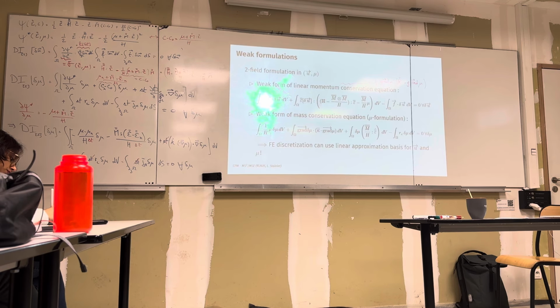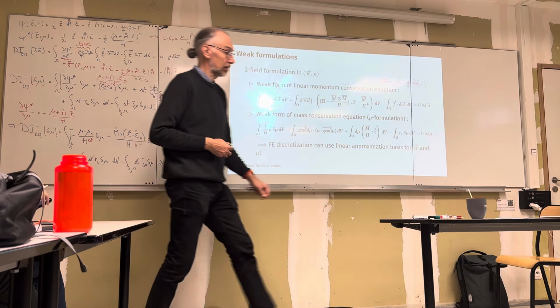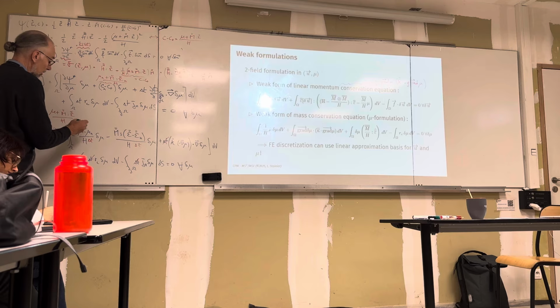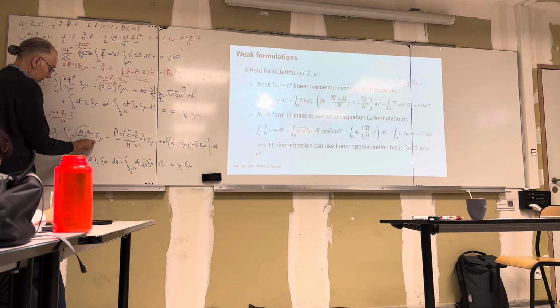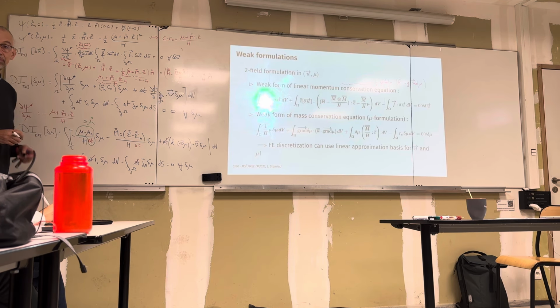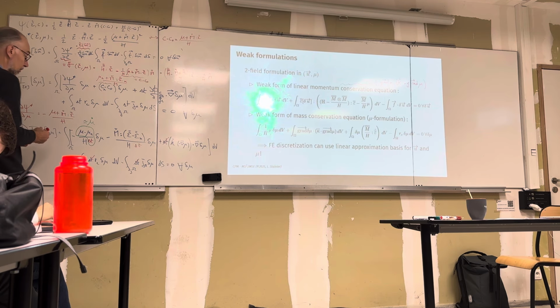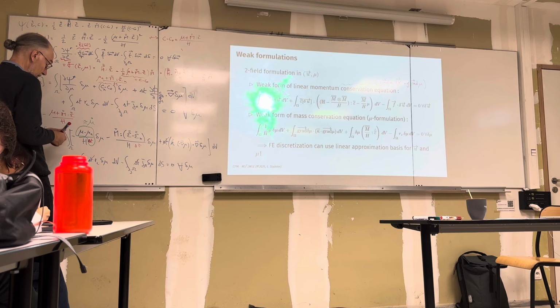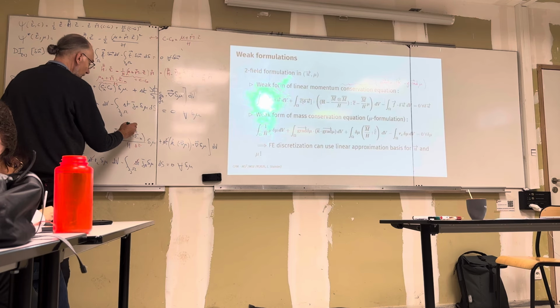And so when I do that, I get this one. I can do that. It's a discrete approximation of nu dot. Okay. This one.